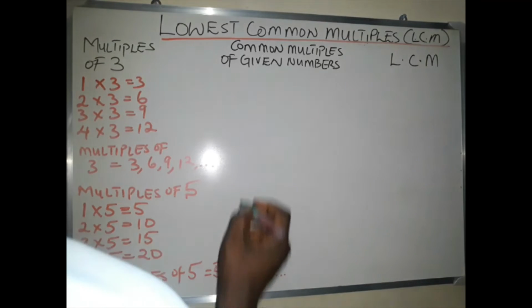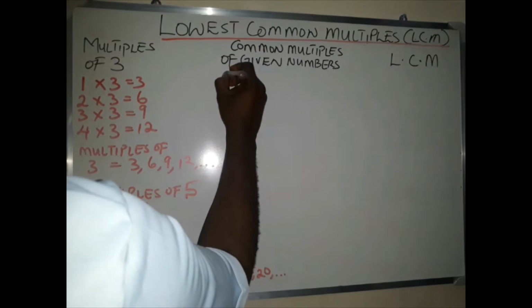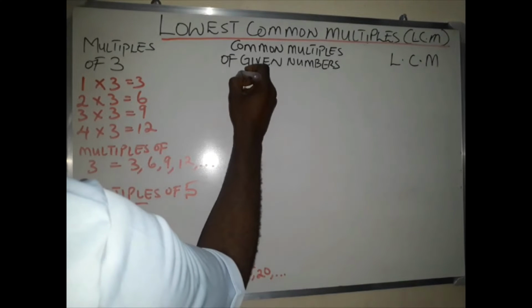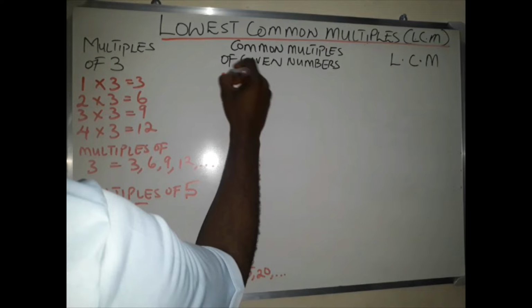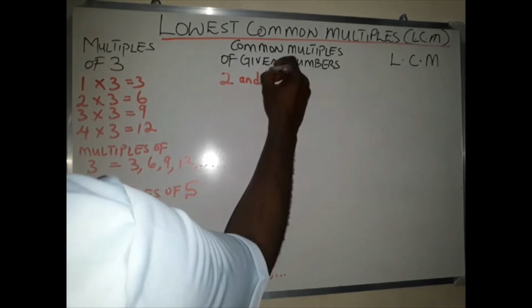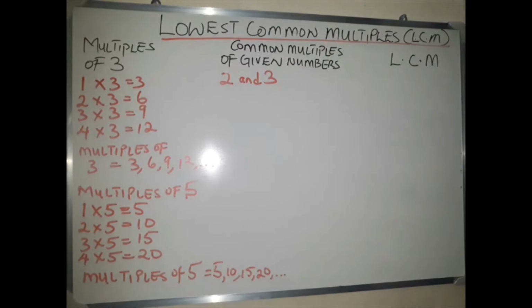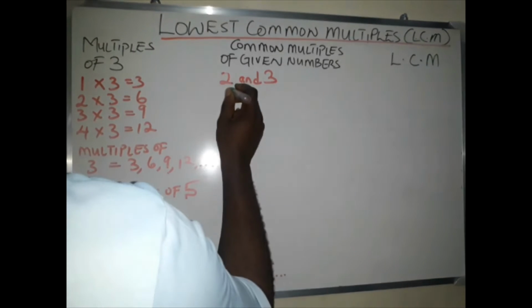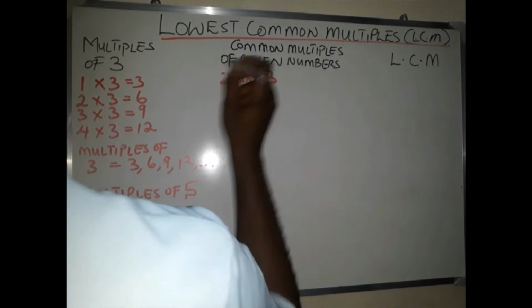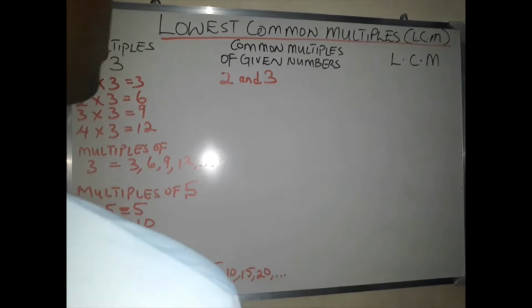If you're given, let's say, 2 numbers, like 2 and 3, and you're asked to find the common multiples of 2 and 3, what you're being asked to find are those numbers that 2 can divide, and at the same time 3 can also divide without a remainder.